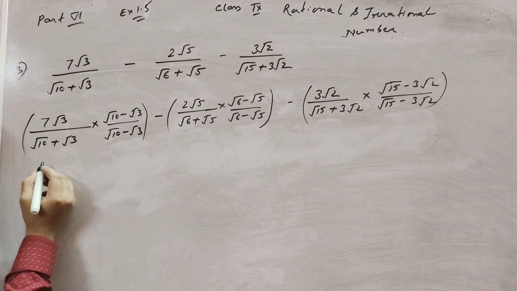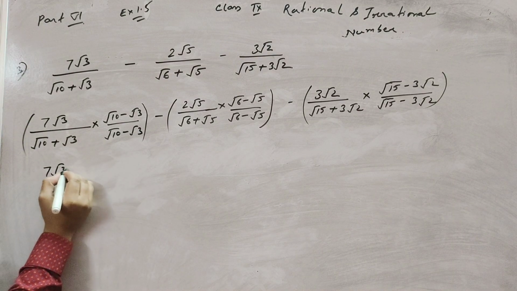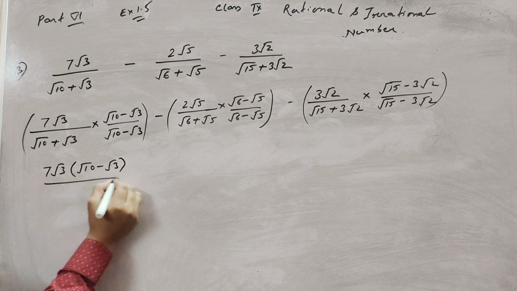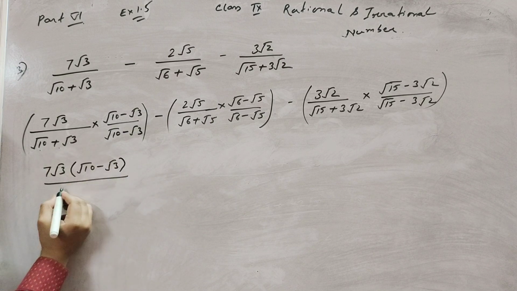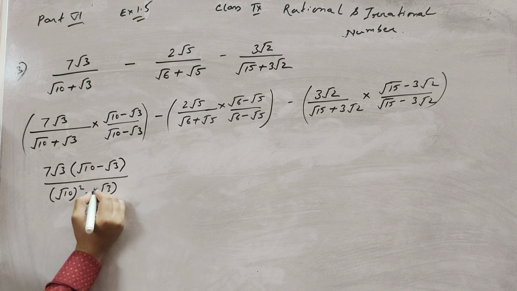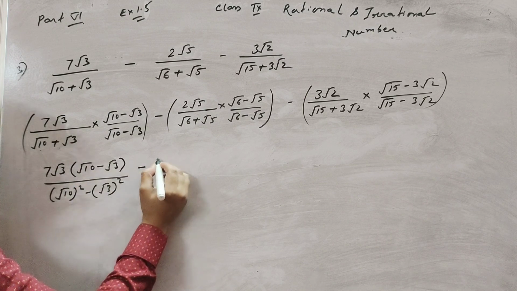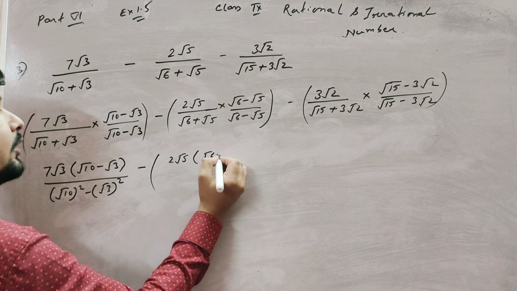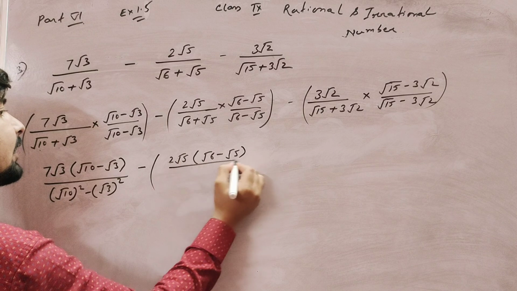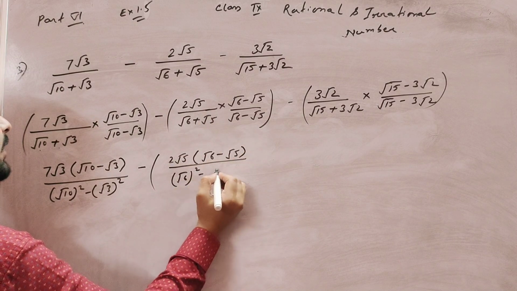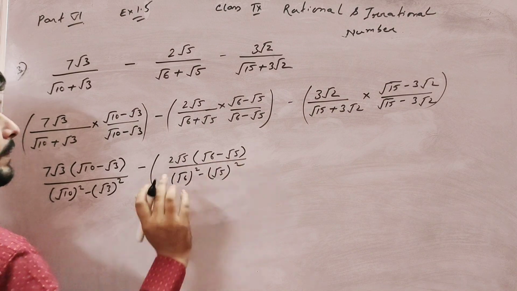Clear? Okay. So we write 7 root 3 multiply root 10 minus root 3. A plus b, a minus b, that means what? A square minus b square. Clear? Minus 2 root 5 multiply root 6 minus root 5. Again a plus b, a minus b, a square minus b square.